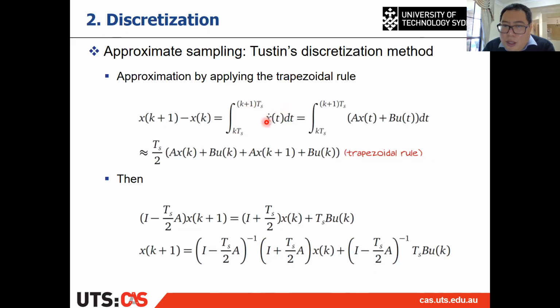And because we know x dot is equal to ax plus bu, we can replace x dot by using this. Then this is a trapezoidal rule.